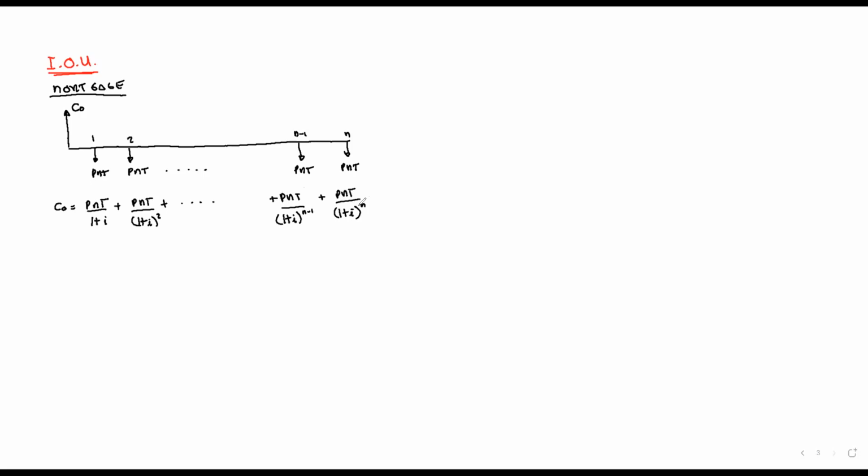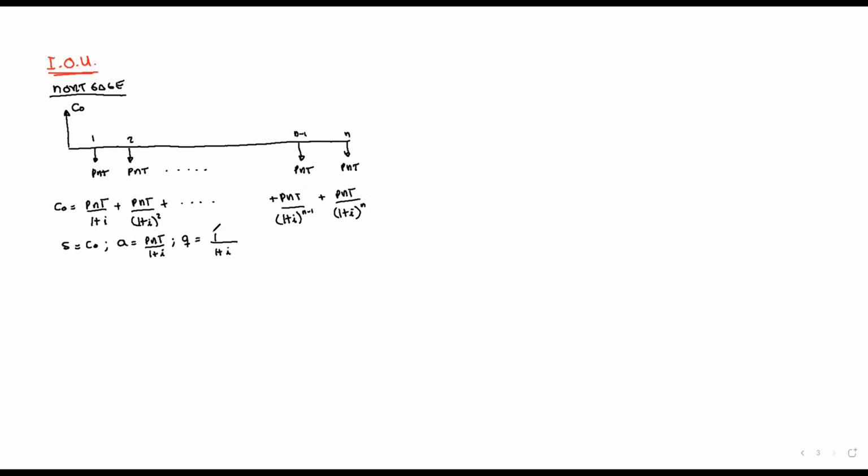Okay, I will just simplify this. I will call S to be C0. I will call A to be PMT over 1 plus I, and I will call Q to be equivalent to 1 plus I.